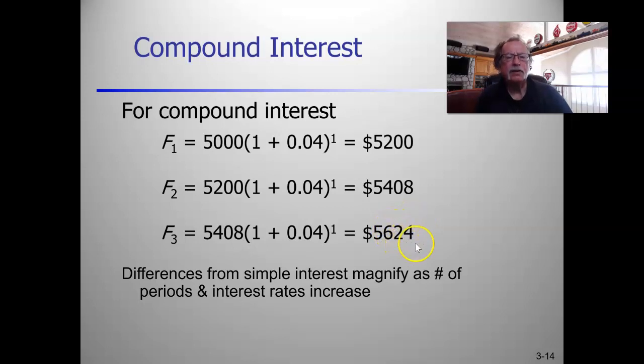We have $216 of interest. So $200 of interest, $208 of interest, $260 of interest. I think you can clearly see as the interest rate goes up and as the number of years go up, these differences from simple interest magnify quite a bit. Simple interest, we would only have $600 as our interest.